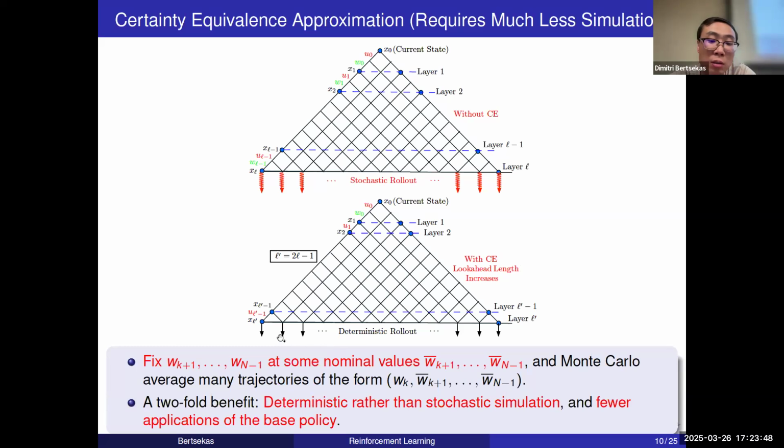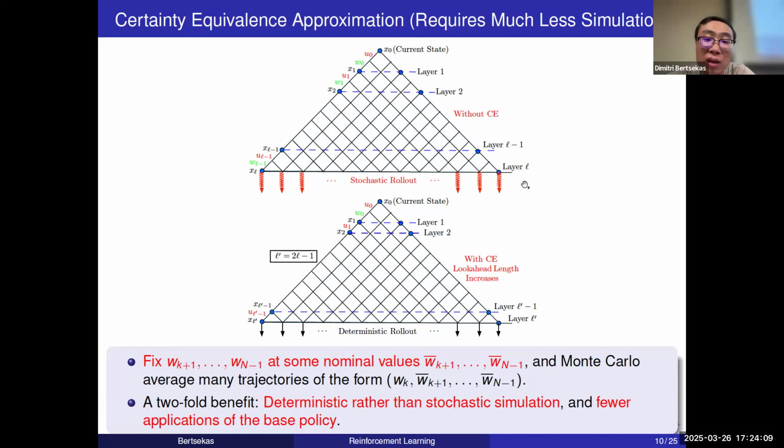As a result, in this case it's 2L layers of lookahead tree, whereas in this one, if we fix the same L, it's L plus 1 layers.